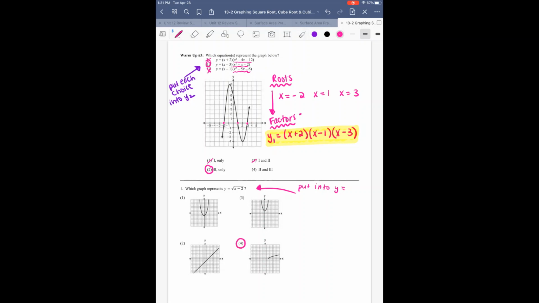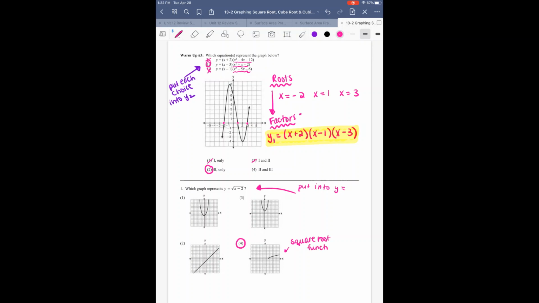So choice number 4. So you're going to notice that a square root function has a similar look to this function. It's either on the top of the x-axis or below the x-axis, but it always has that same shape. So that's the shape of a square root function.